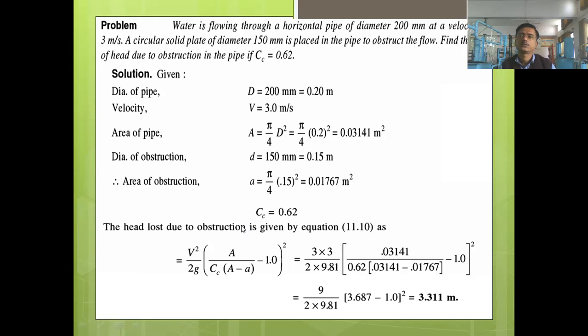Find the loss of head due to obstruction in the pipe if Cc is equal to 0.62.